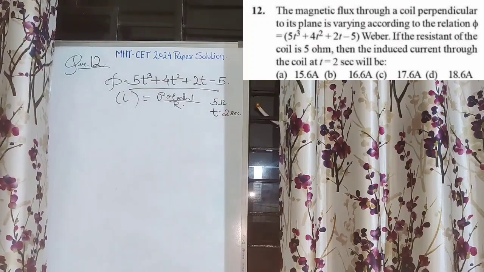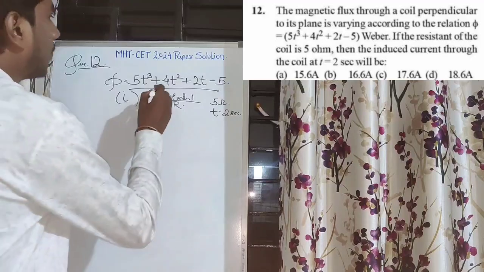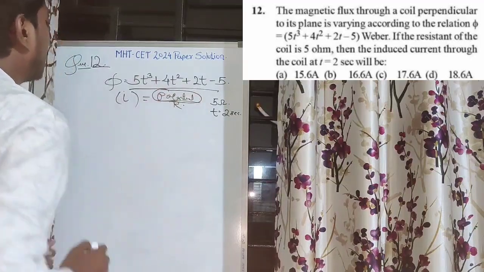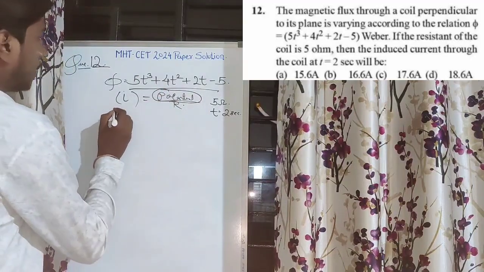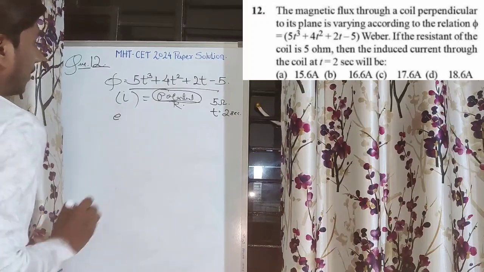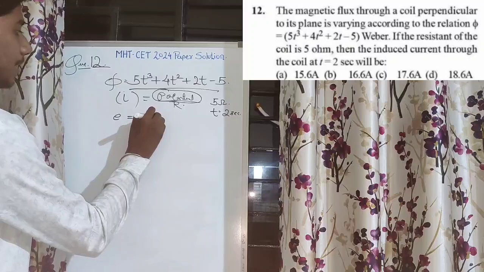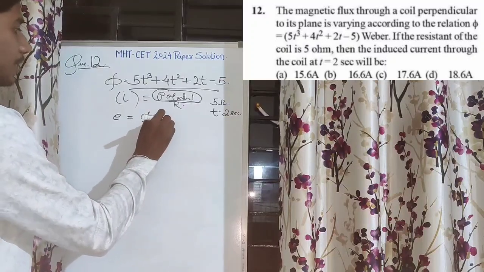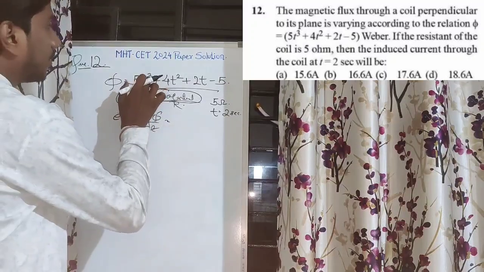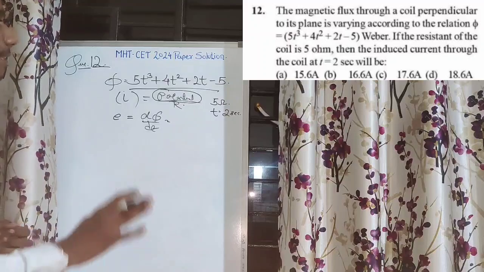So now what do we have to find first? The potential. So how do we find the potential? We represent potential as E, which is equal to the differential of this flux, d phi by dt. You know the basic differentials.